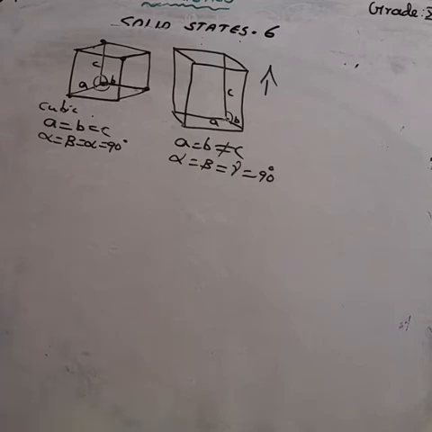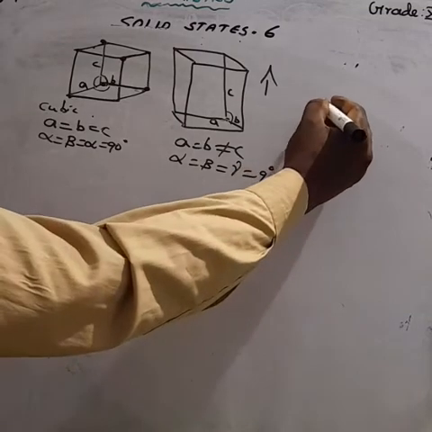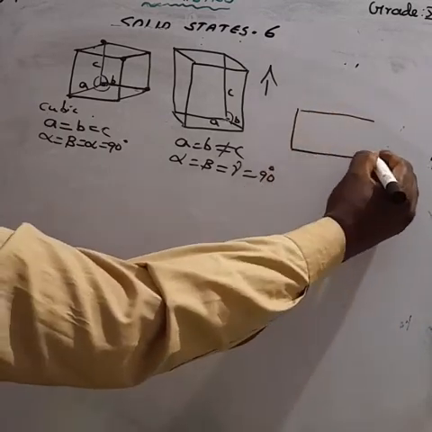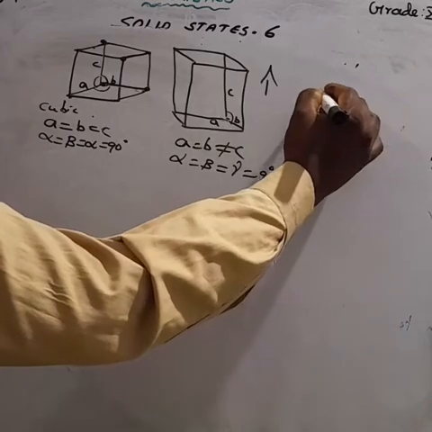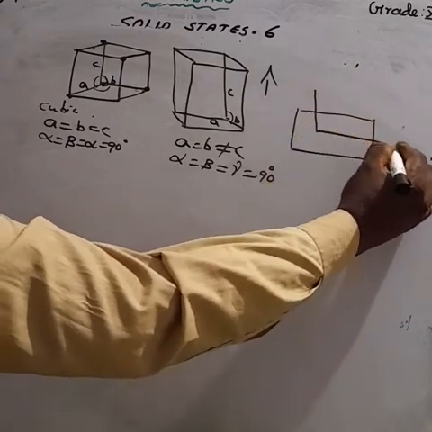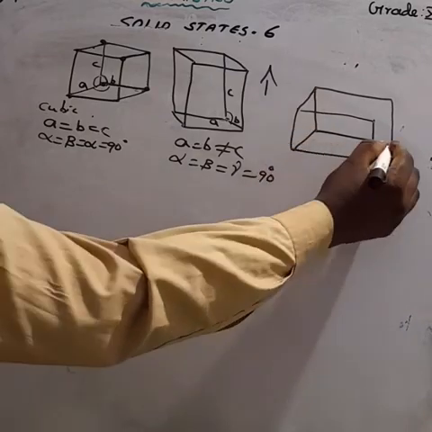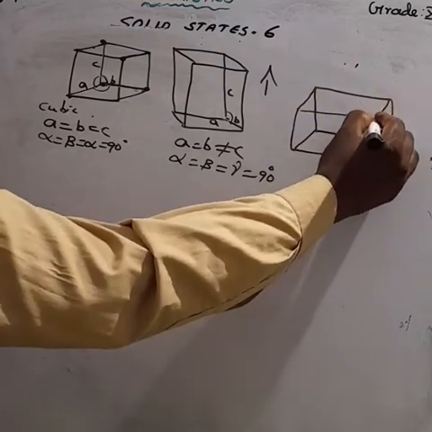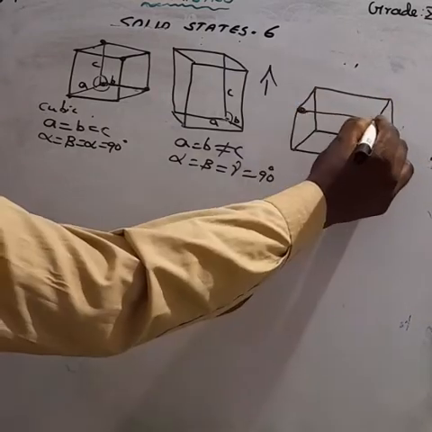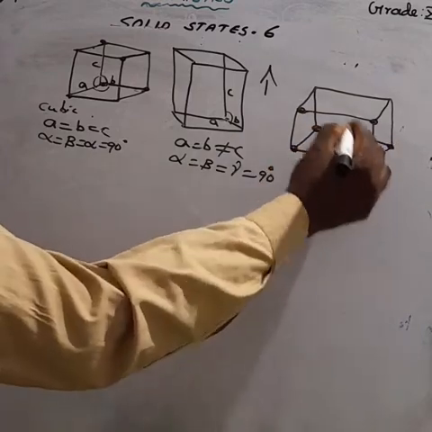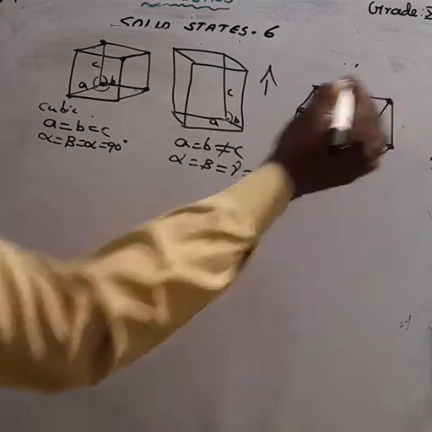Next one, orthorhombic. The orthorhombic is just like a cuboid, am I right? Here I am drawing it like a cuboid. Okay.